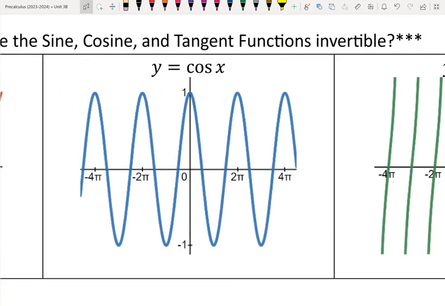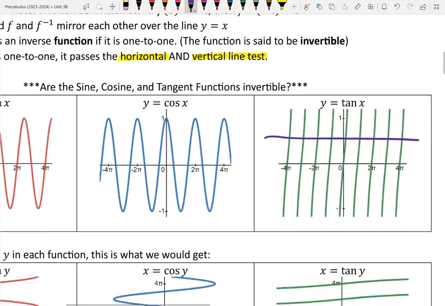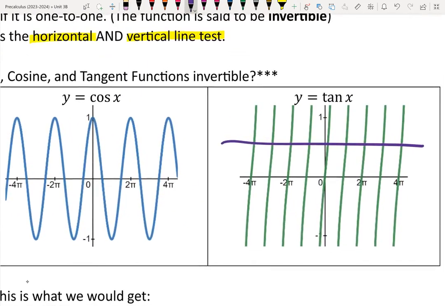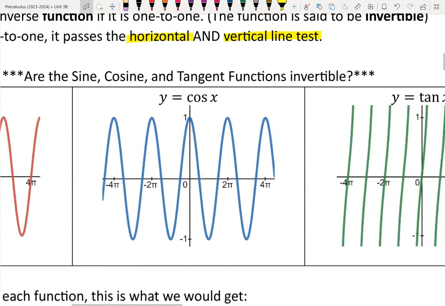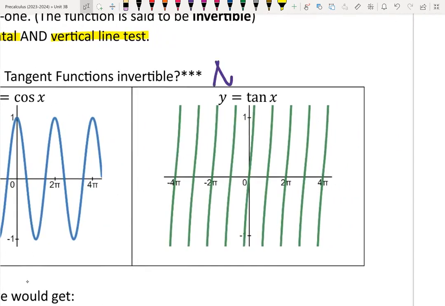Does cosine pass the horizontal line test? No. Also not invertible. What about tangent? Does tangent pass the horizontal line test? Not invertible as well. So these three functions are not invertible. So the answer to this question here, are cosine, sine, and tangent invertible? And the answer is no. They are not invertible.